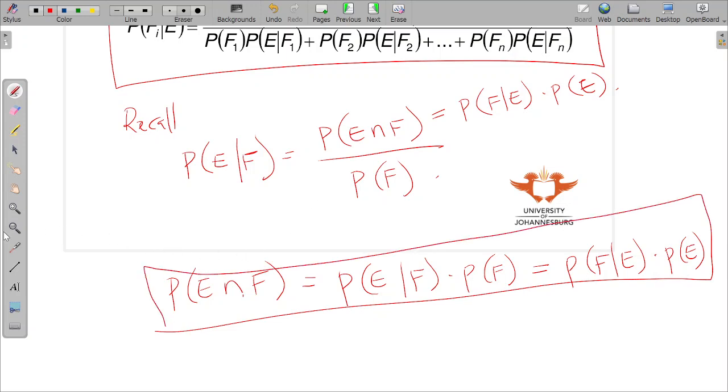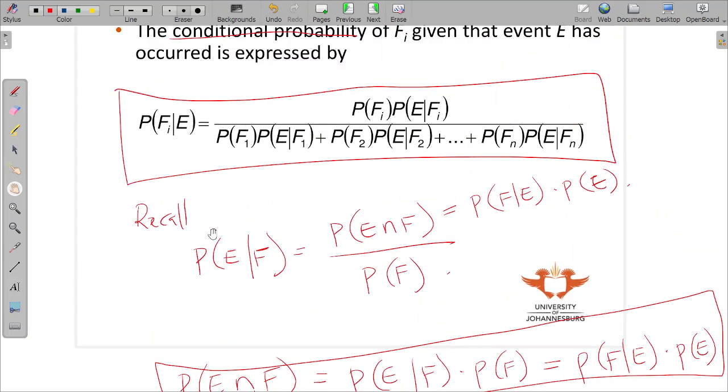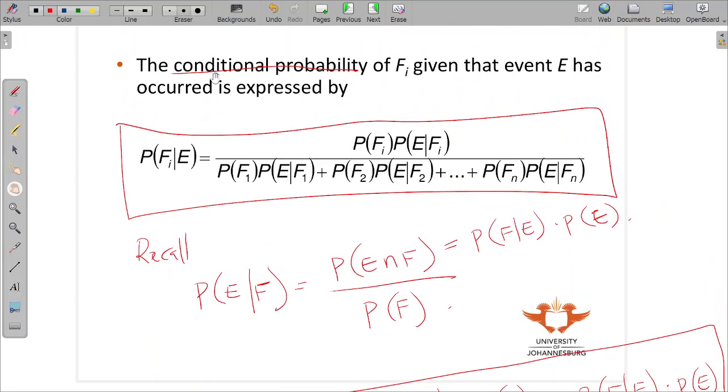Now in this Bayes formula, what we are looking for is the conditional probability of Fi. This i is an index that can go from 1 up to n. So the conditional probability of Fi, given that E has occurred, can be expressed as this.